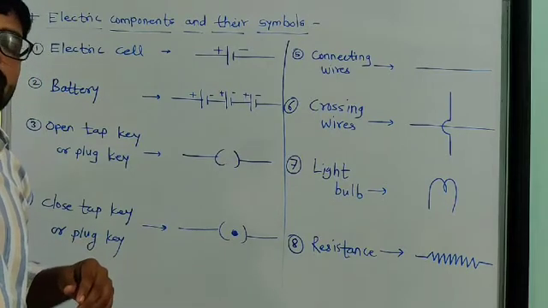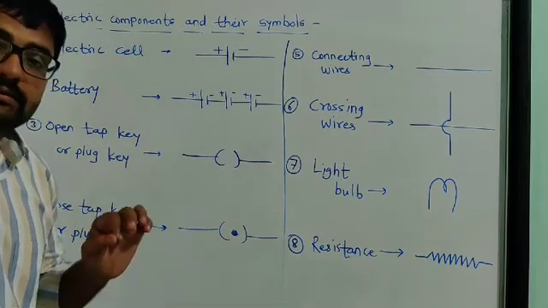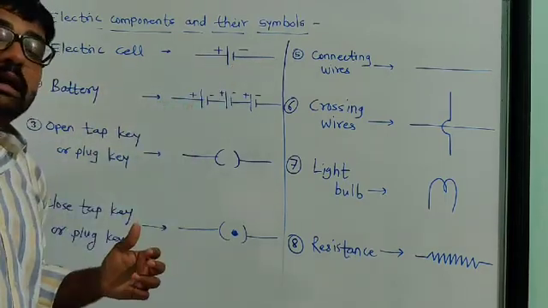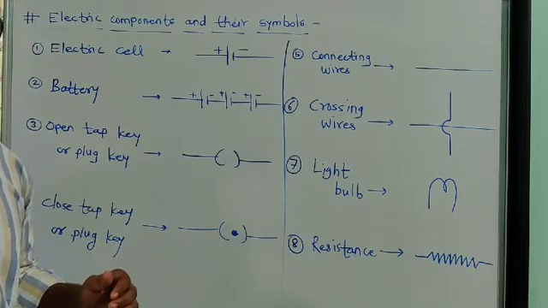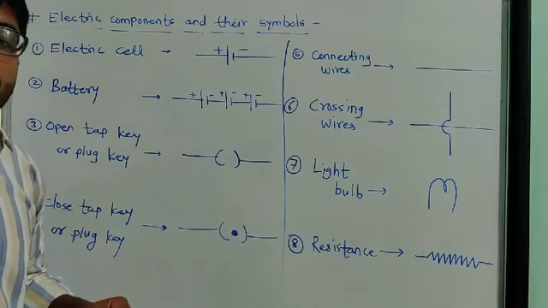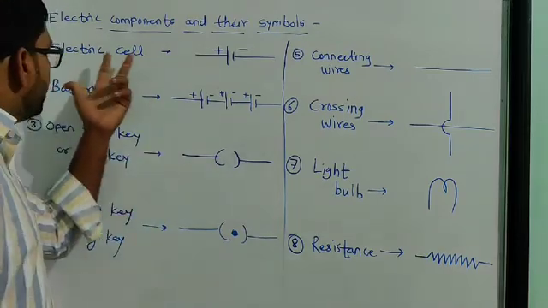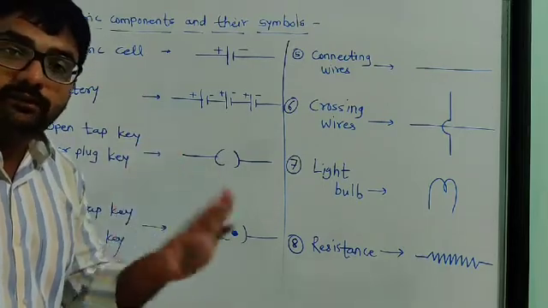Now what is the use of this electric cell? This electrical cell is used to create a potential difference between the 2 terminals of a conducting wire. So the function of an electric cell is to provide potential difference.